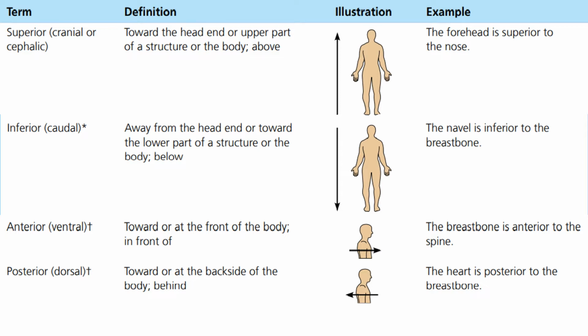The other term is posterior or dorsal. Posterior is the opposite of anterior, which means towards or at the back side of the body, behind. The heart is posterior to the breastbone, or you can say the heart is posterior to the ribs or mediastinum.